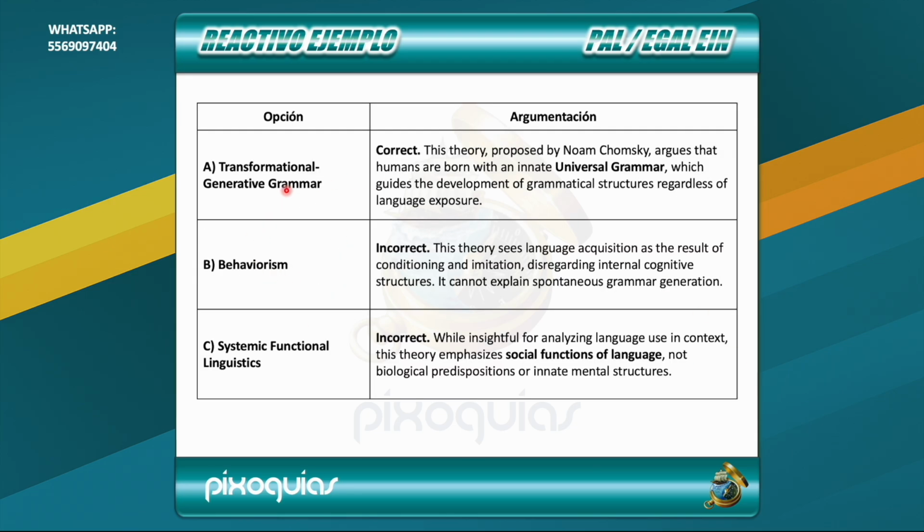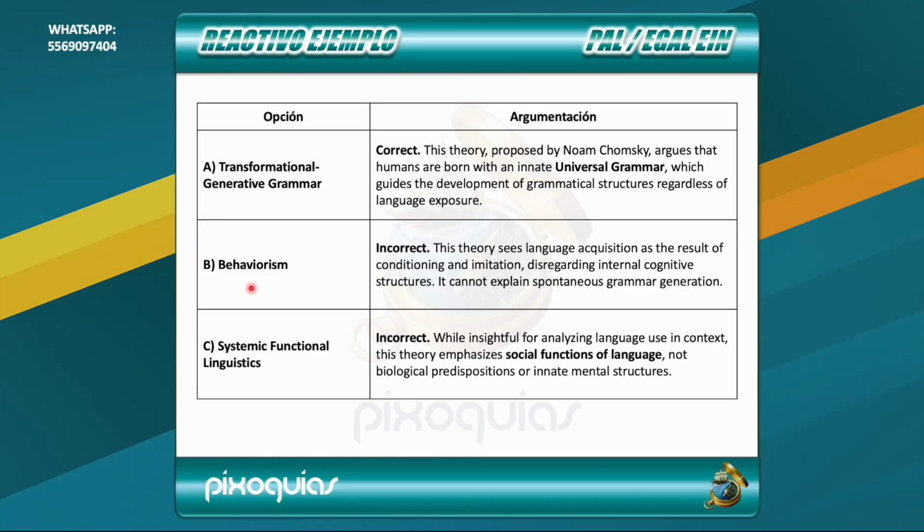The correct answer is A. Transformational generative grammar, because this theory proposed by Noam Chomsky argues that humans are born with an innate universal grammar, which guides the development of grammatical structures regardless of language exposure.